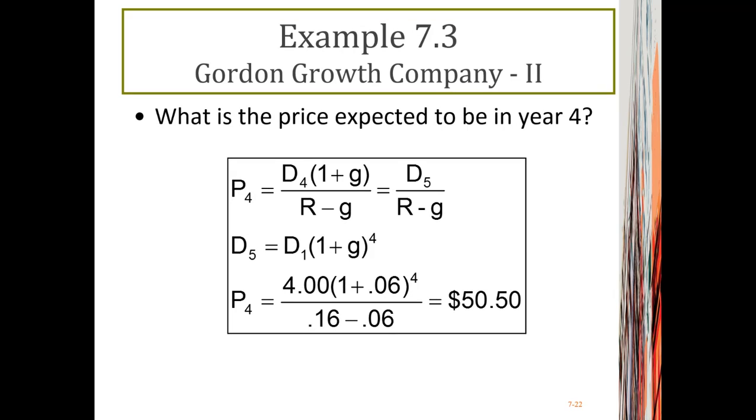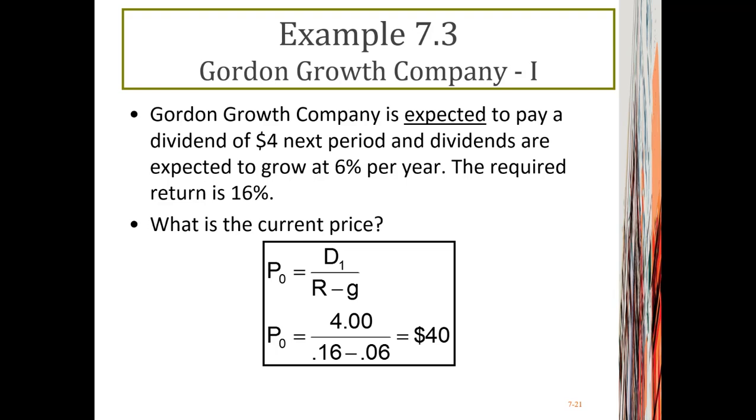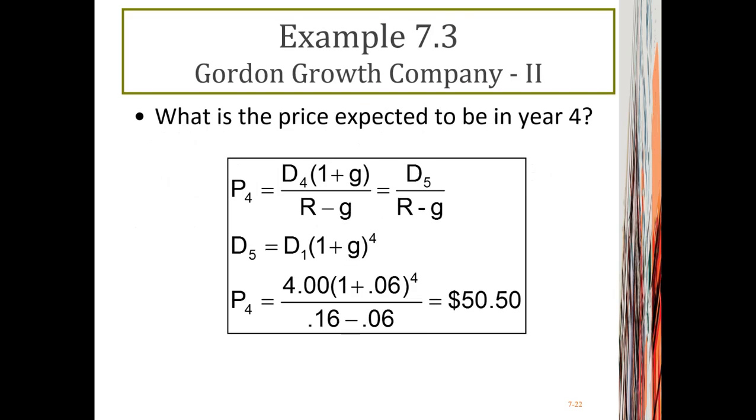Now let's take a look at another example to see how we can calculate future stock price. I mean, so far we calculated P0, the stock price at the current moment. Let's take a look at how we can do future stock price. Based on the previous example, let's say, how can we calculate or estimate the stock price in year 4?